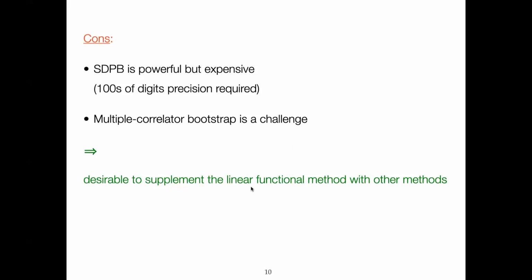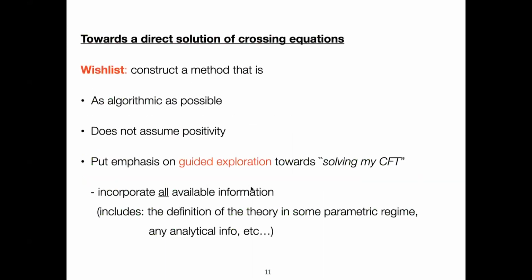So before giving you a summary of how we implement things, let me try to give a list here of what I would like to have. Like if I wanted to construct a new method, what features would I like it to have? First of all, I would like it to be as algorithmic as possible. I do not want to assume positivity because I want to have access to many generic cases.